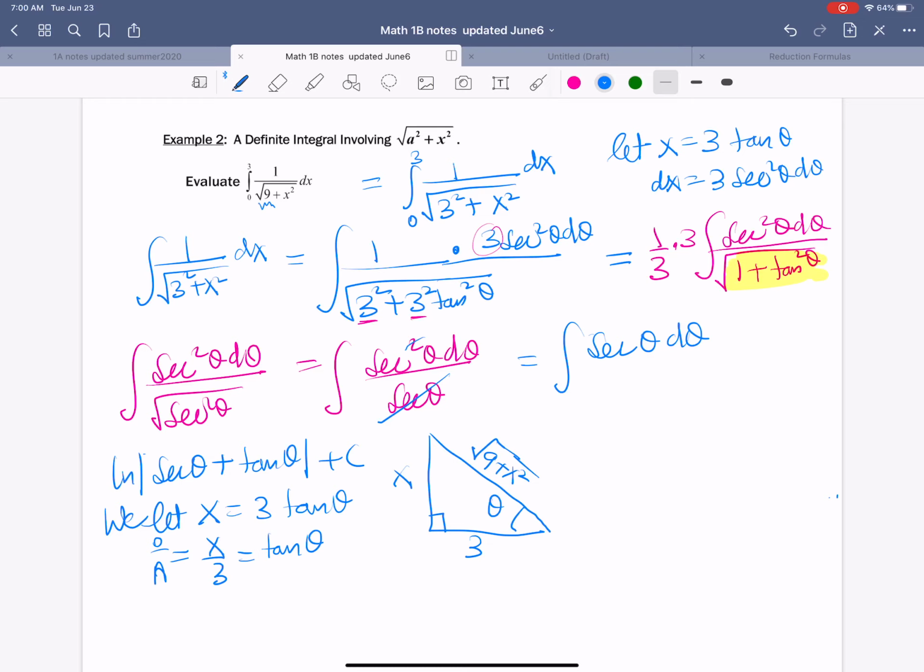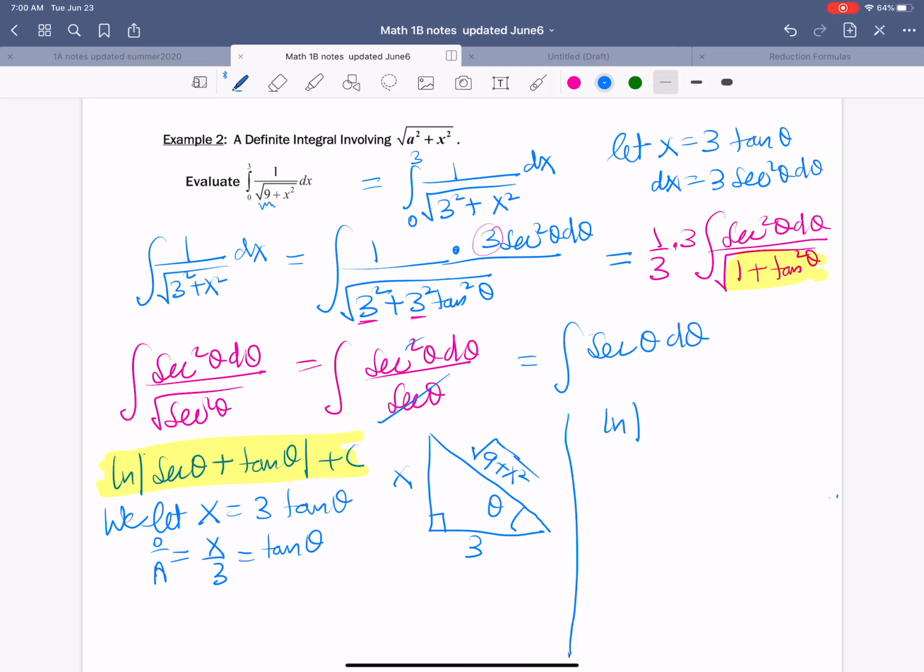Okay. Now I have my relationship, and I'm going to plug these in terms of x's. What is secant theta going to equal? So my integral turns out to be natural log of secant theta. Secant is reciprocal of cosine.